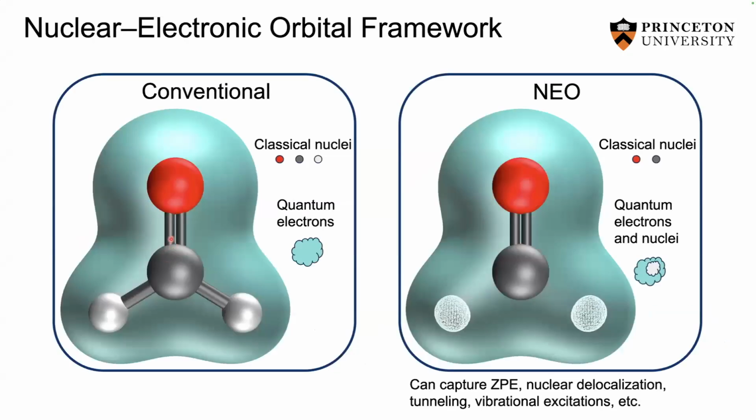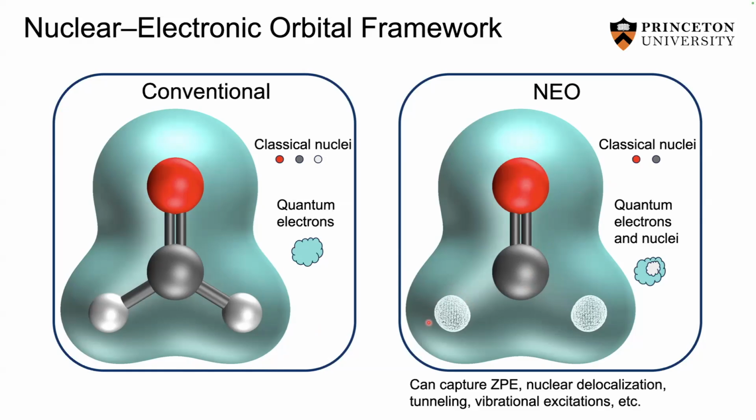So, of course, in conventional electronic structure, we have some potential that's made up of point charges at some fixed geometry at the nuclear centers, the atomic centers. And then our quantum particles are a many electron system where we have some probability density around this fixed potential. And the NEO method simply moves the Born-Oppenheimer approximation so that we still have some fixed potential created by the heavy nuclei that are still treated as point charges.